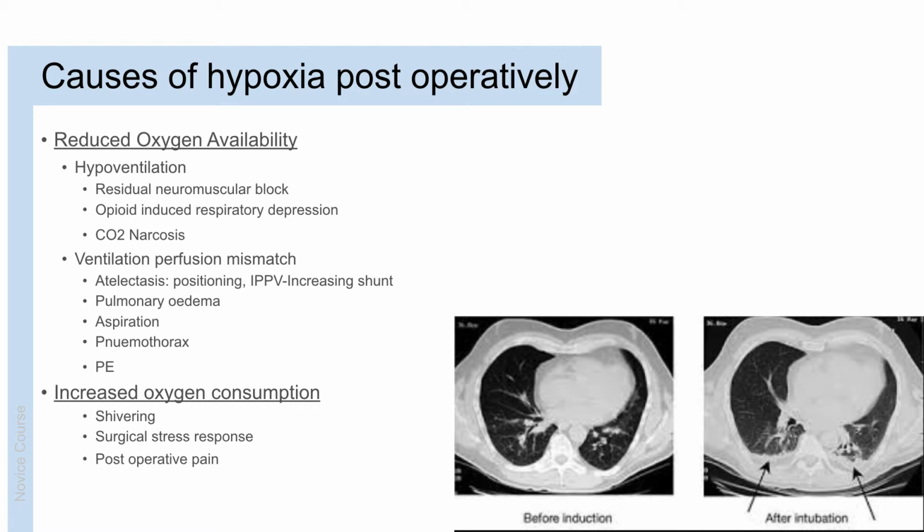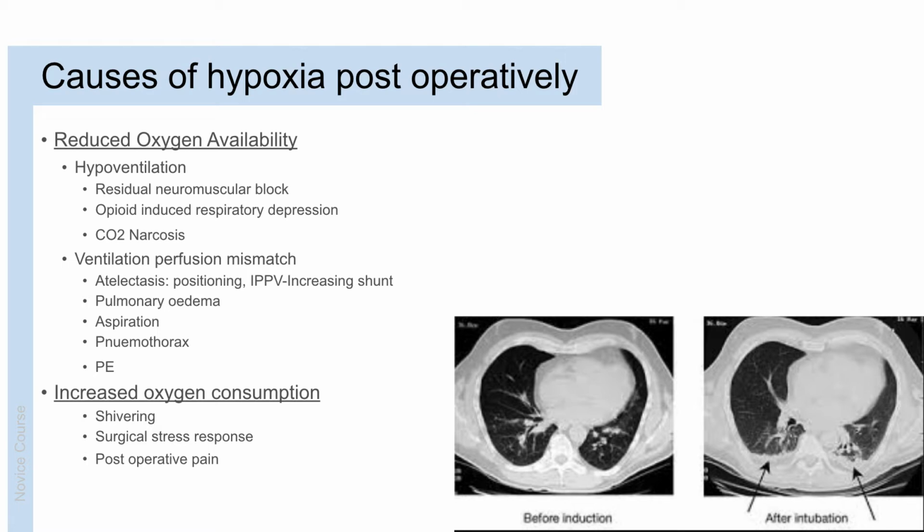course of operation. Other causes of ventilation perfusion mismatch post-operatively include pulmonary edema, which might occur from administration of intravenous fluids, aspiration of gastric contents, which as anaesthetists we are always vigilant about, and if this occurs it needs to be managed appropriately.